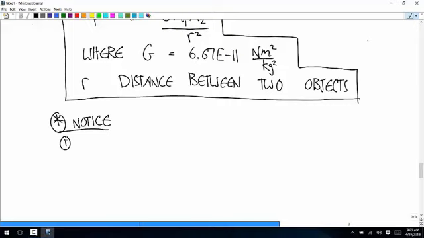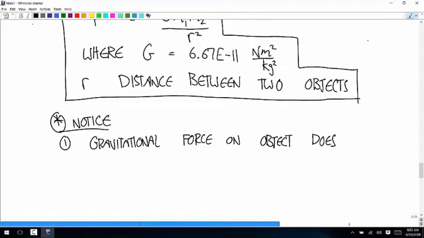Well, first, the gravitational force on an object does vary linearly with its mass. So I wasn't lying to you about that.